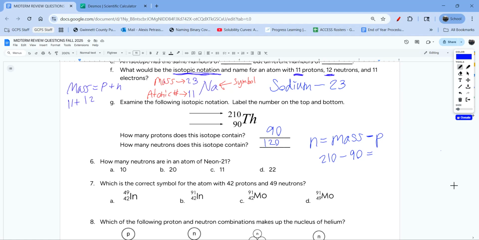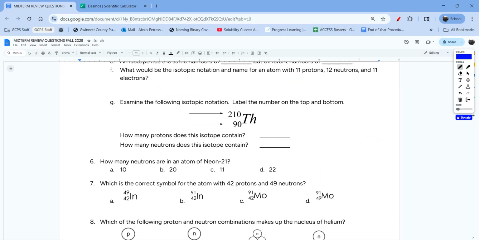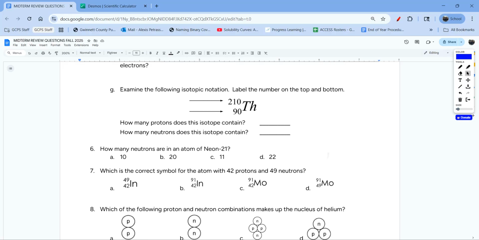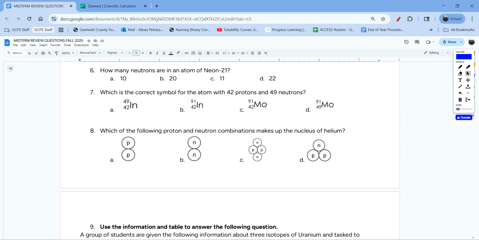All right, how many neutrons are in an atom of neon 21? So here we have to think about it a little bit more. You do have to use your periodic table. And remember, guys, you can write all over it, write on your scratch paper.